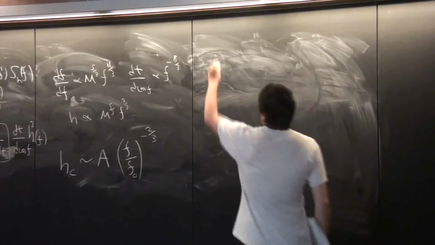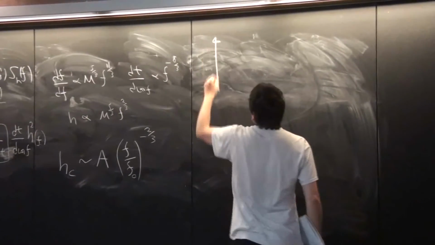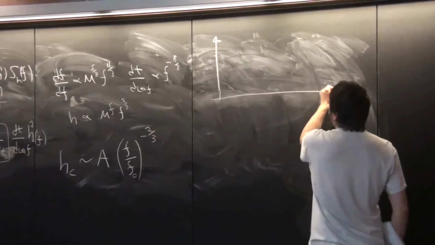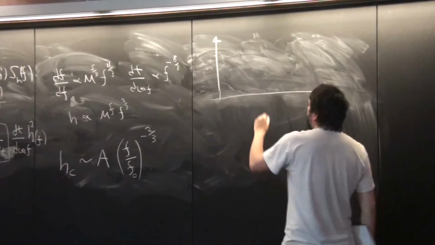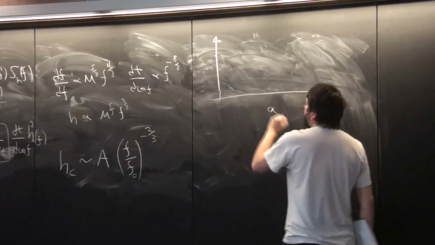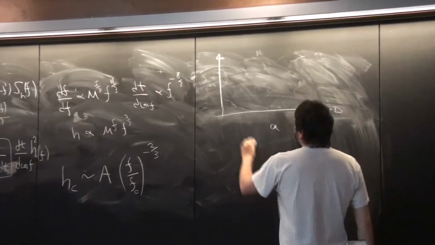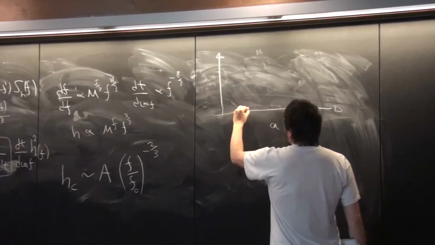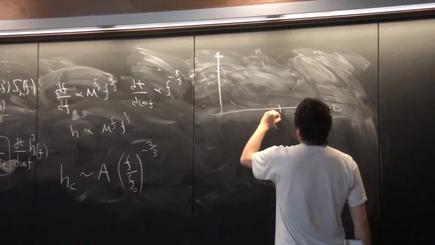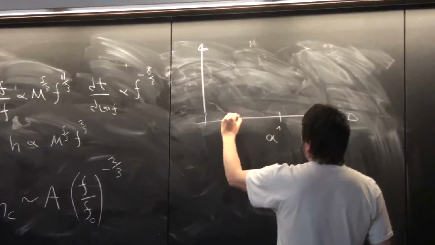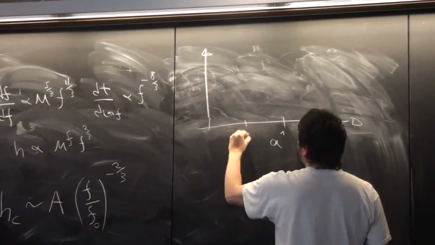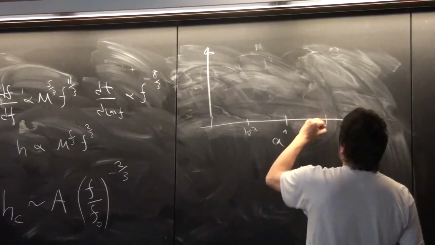And so I'm going to draw here a very popular diagram, which is binary black hole separation of the two black holes. This is, let's say, 10 to the minus 3, 10 to the 3.